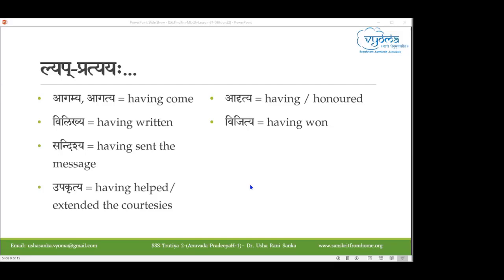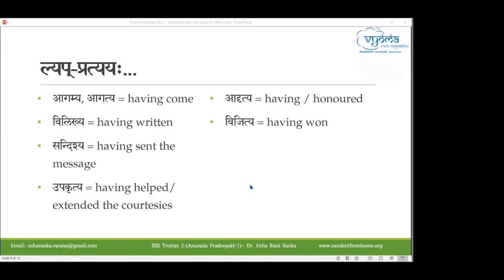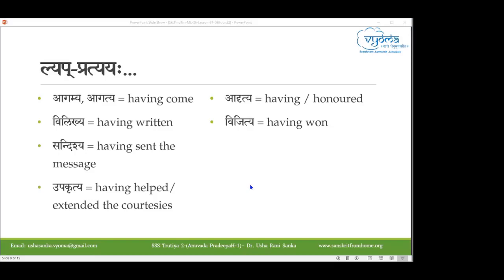Since we are adding upasarga vi to it, Vijitya, lyap pratyaya, it becomes. Vijitya means having won, I think. Why is it not Vijit dhatu? Why is it ji dhatu? Dhatu itself is ji dhatu. So, if we had added only to the dhatu straight away, we could have got the word jitva.